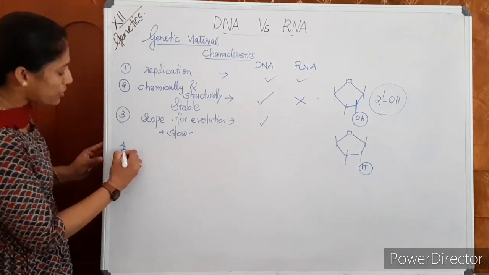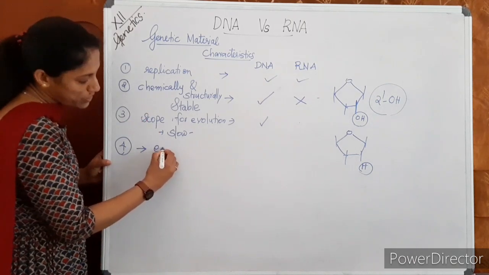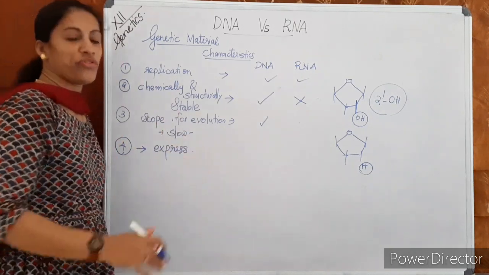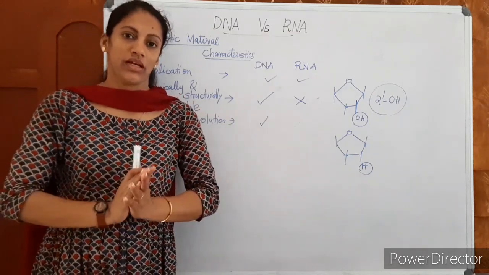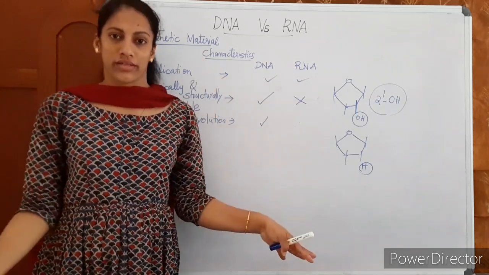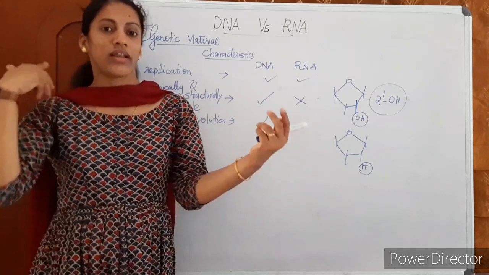Another important concern, the fourth characteristic, is that it should be able to express. What is the ultimate aim of a genetic material? It is to express our characters. A gene is responsible for skin color, eye characteristic, hair color, everything.